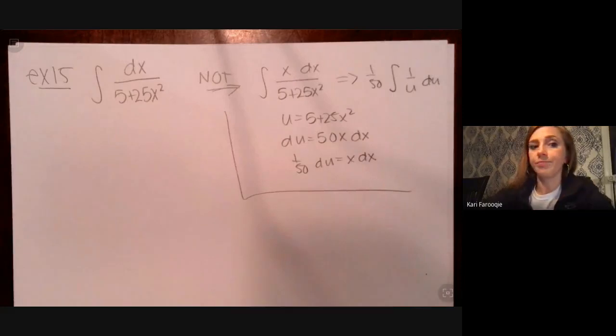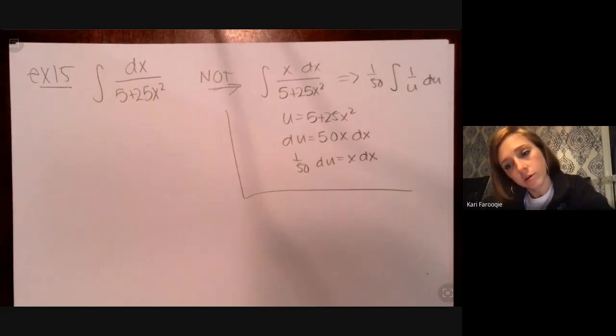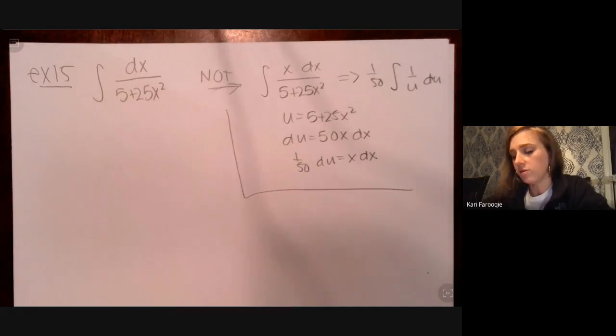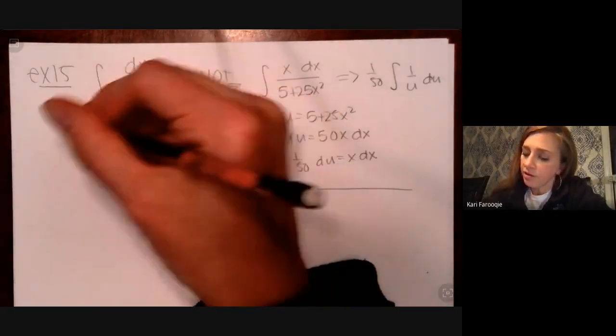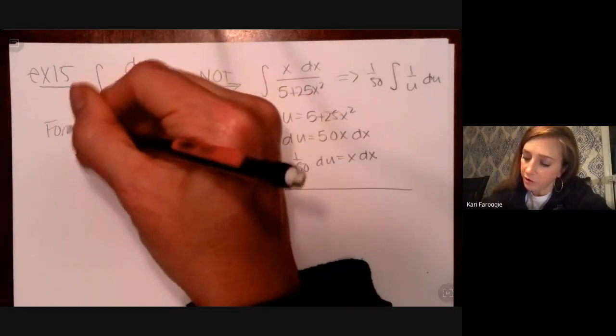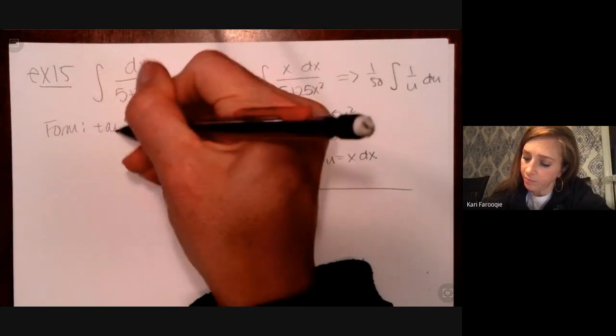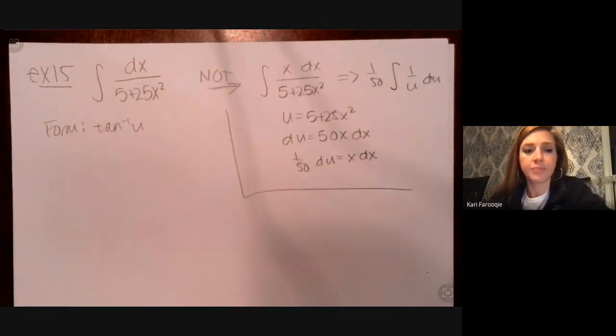I don't know. All right, so we're going to do this in a similar way that we did the last example. This is in the form of an inverse tangent. It's got a constant in the numerator divided by a constant plus some quantity that's being squared.